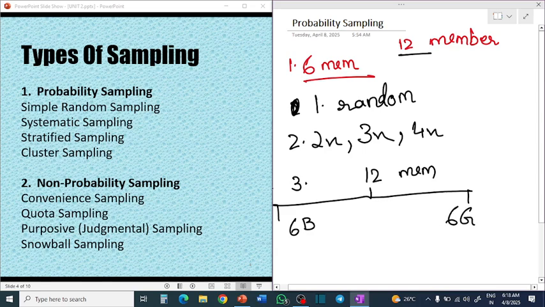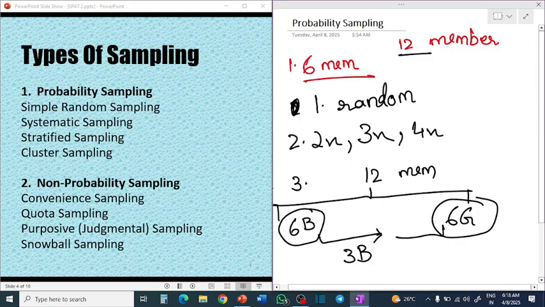So you have divided into two groups, group of girls and group of boys. Among these 6 boys, you will take 3 boys. And among these 6 girls, you will take 3 girls. So you will have your eventual group of 6 members, which you have wanted. So this is known as stratified sampling.